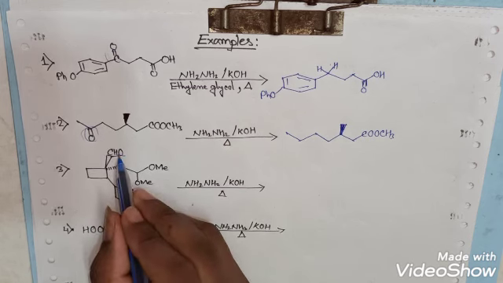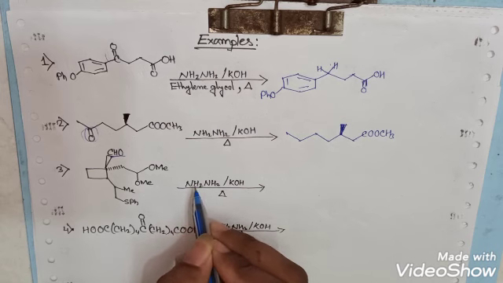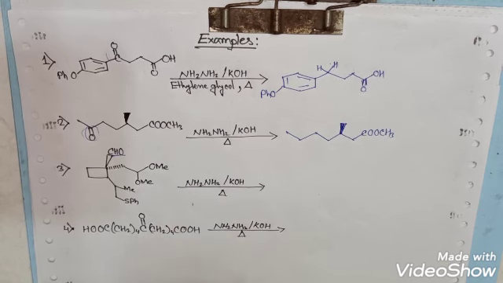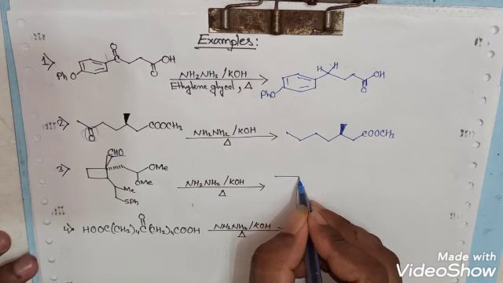Now check that here is an aldehyde, CHO, where the C double bond O is present, so you can easily reduce it with the help of hydrazine, KOH and heat. So this is basically a Wolff-Kishner reduction. So let's solve it.